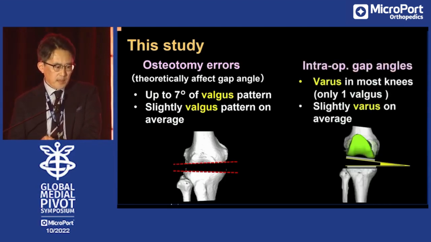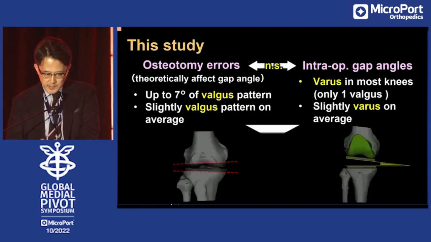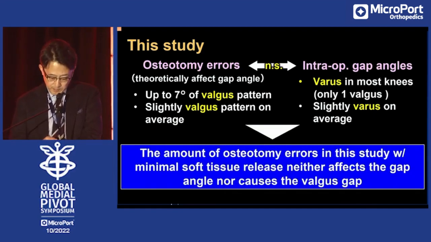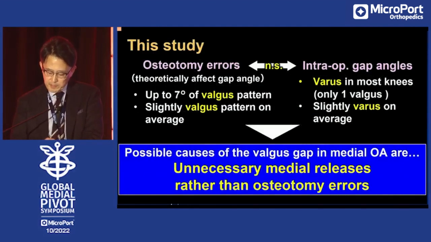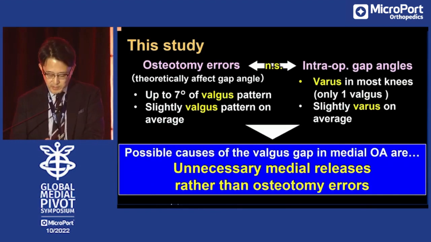Intraoperative gap angle was varus in most knees and slightly varus on average. So considering that osteotomy error did not correlate to the gap angle, with the amount of osteotomy errors in this study with minimal soft tissue releases, the possible causes of the valgus gap pattern are thought to be unnecessary medial releases rather than osteotomy errors.